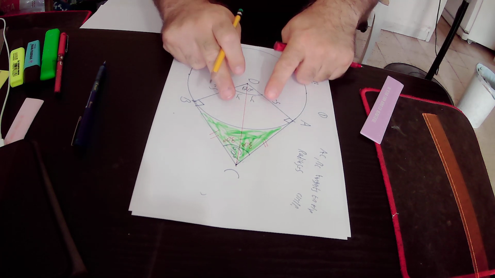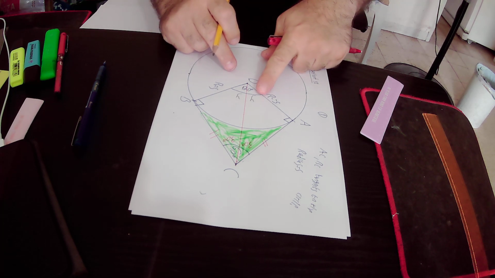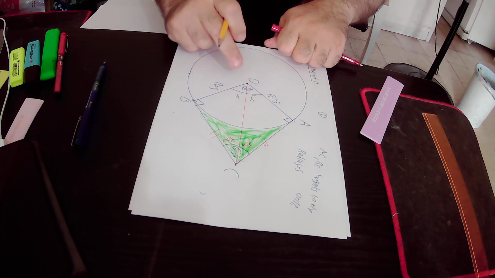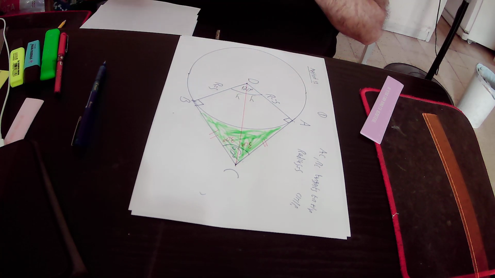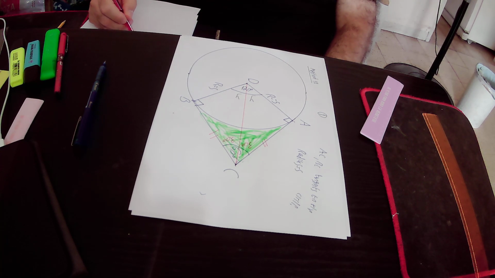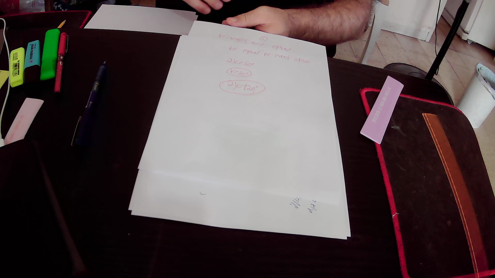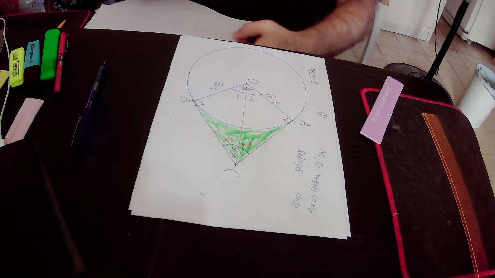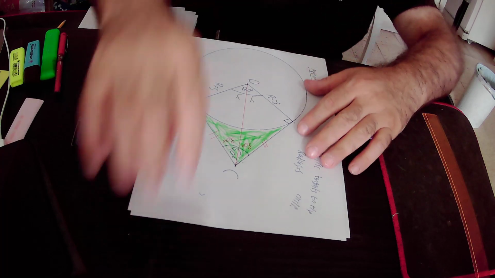So we know that y plus y equals 180 degrees, that is to say 2y equals 180 degrees. If we divide by 2, we get that y equals 60 degrees.